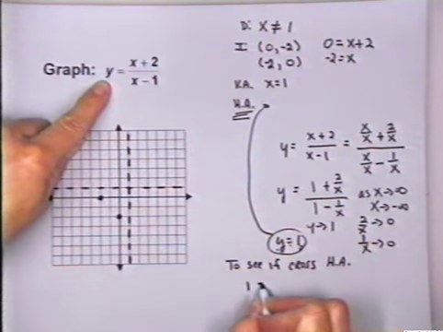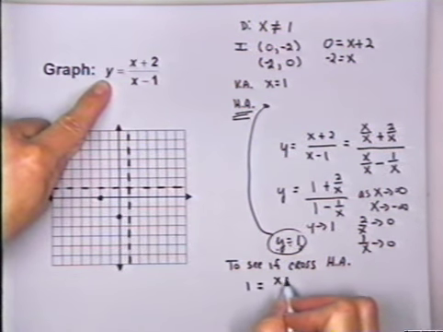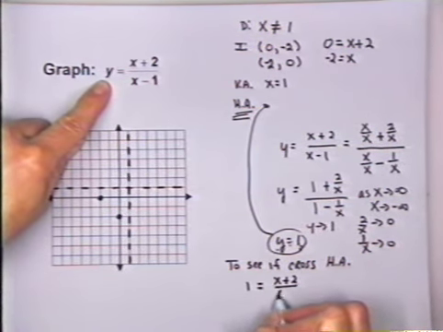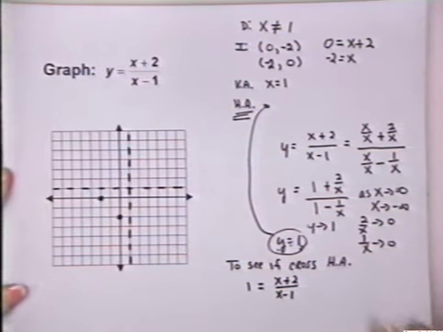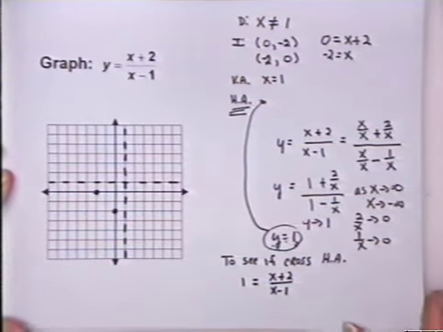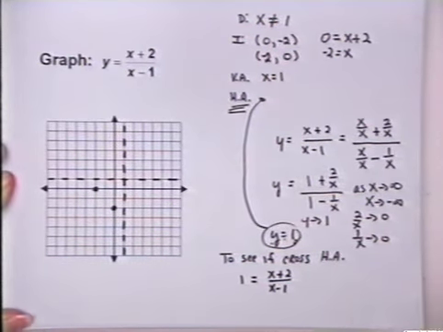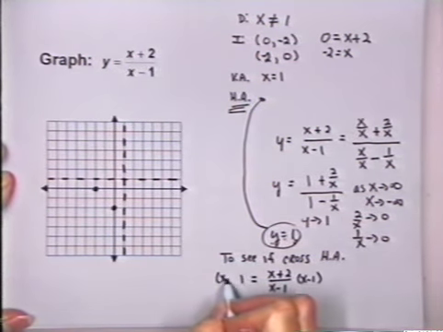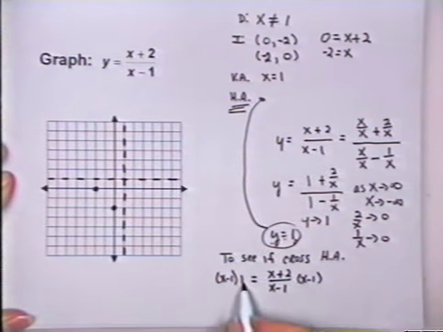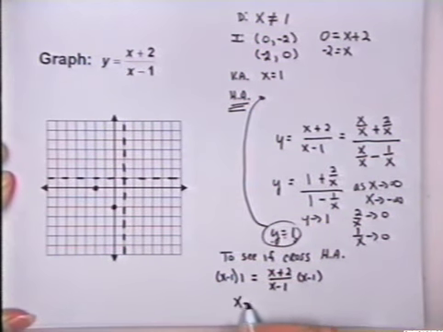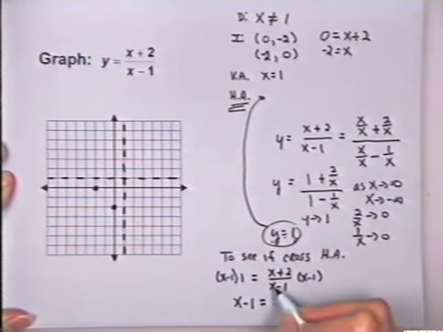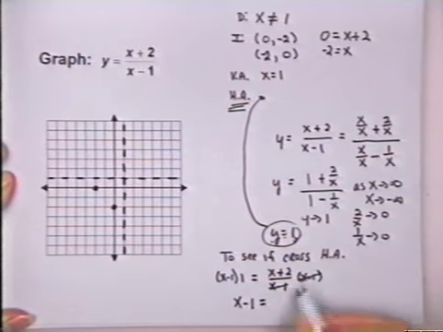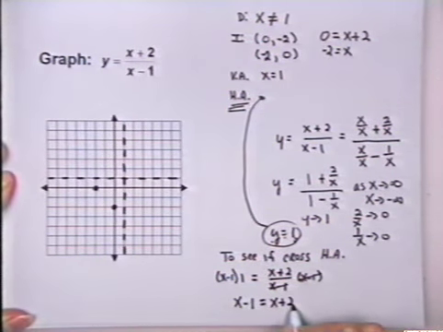If y equals 1, I have 1 equals x plus 2 over x minus 1. And we're going to see if we get a solution to this equation. Notice if I multiply both sides of this equation by x minus 1, 1 times x minus 1 is x minus 1. On this side, my x minus 1 cancels, and I get x plus 2.